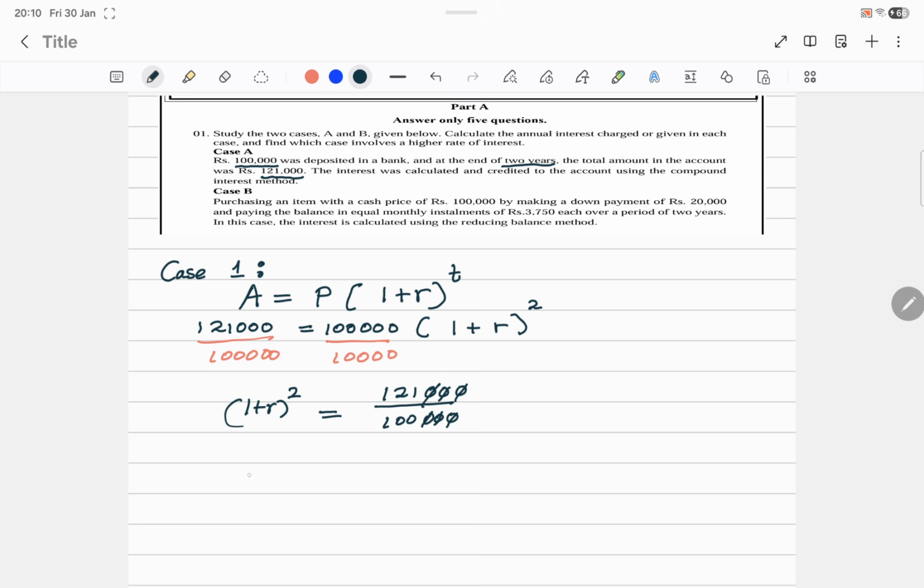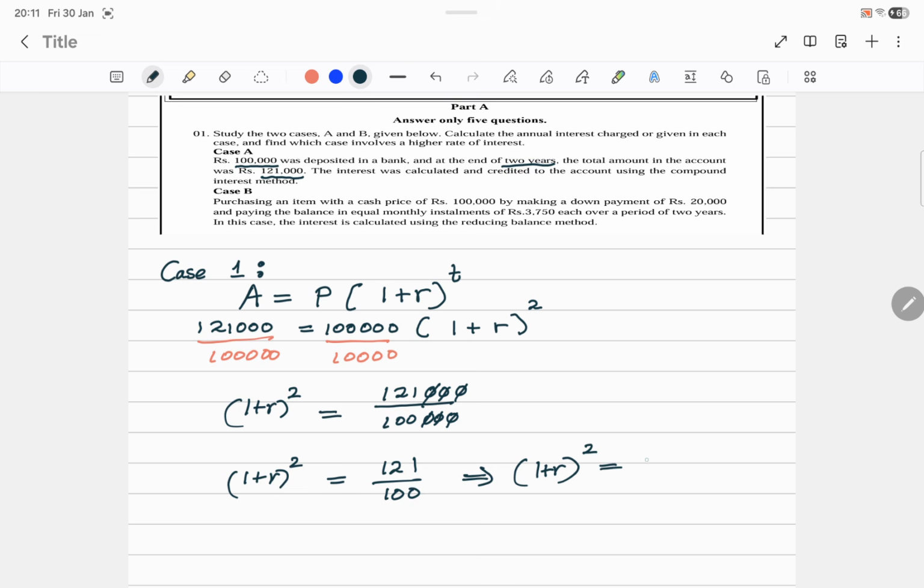So you end up with 1 plus R squared equals 121 over 100. Right. So we have to take the square root of this to get 1 plus R. We want to solve for R. So these two numbers should be familiar. 121 is what? 11 squared. 100 is what? 10 squared. Right. So write it like that.